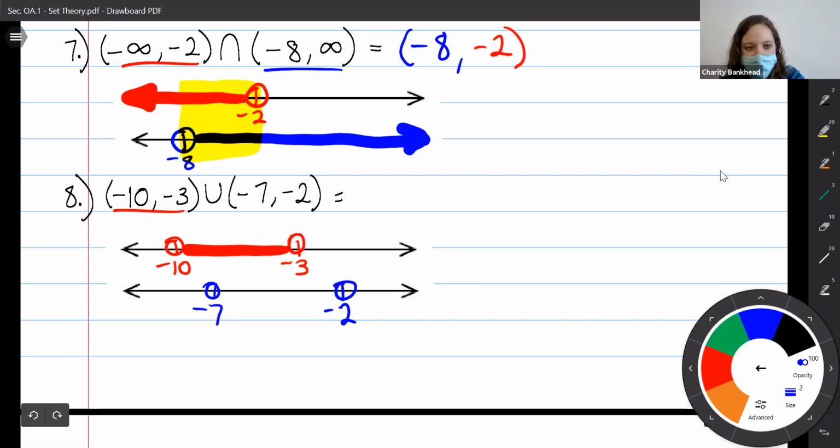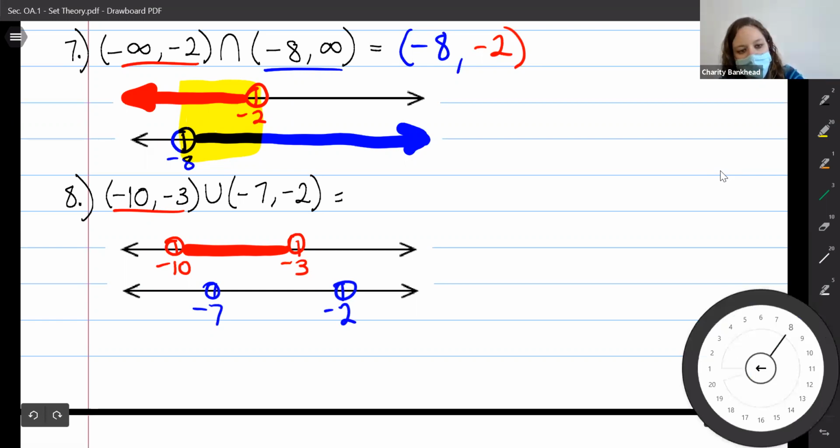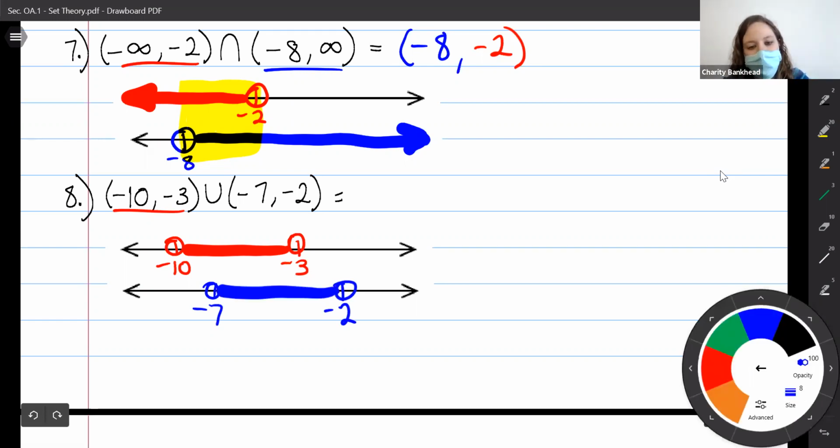And then it's asking for the union. So the union is everything covered by both of those. So the union would be going from negative 10 all the way to negative 2.